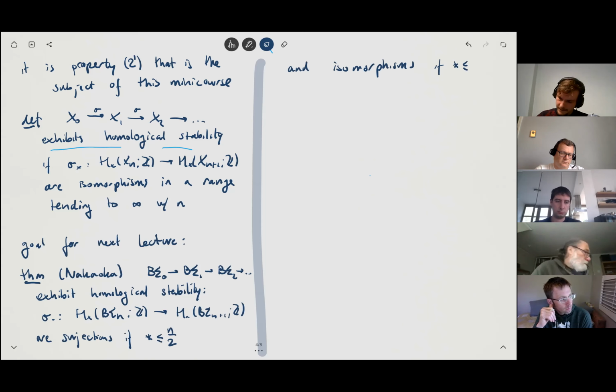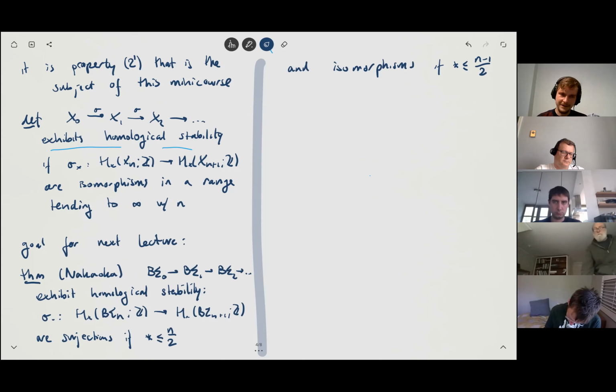This is a type of statement you tend to see for these ranges, surjection in a slightly larger range than isomorphism. What this is hiding is that maybe you should be looking at the relative homology groups of the map sigma rather than the map it induces. But this is maybe a more elementary way of phrasing it.